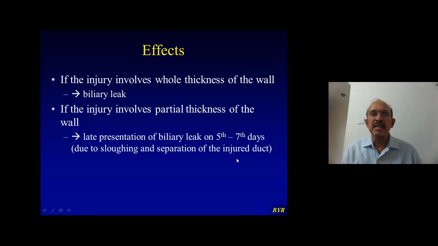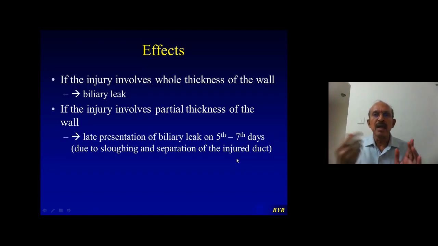For example, the surgeon has done a cholecystectomy operation. If he has cut the duct, immediately during surgery itself he will see bile leaking out from the bile duct. If the surgeon has injured only partial thickness of the wall of the bile duct, then there is no bile leak. The surgeon feels that everything is okay.